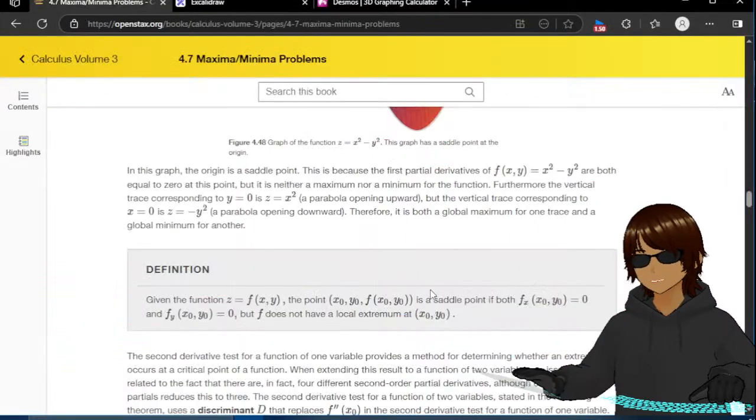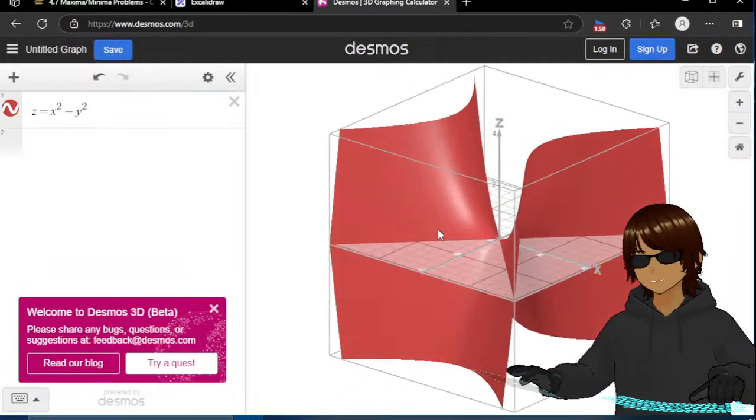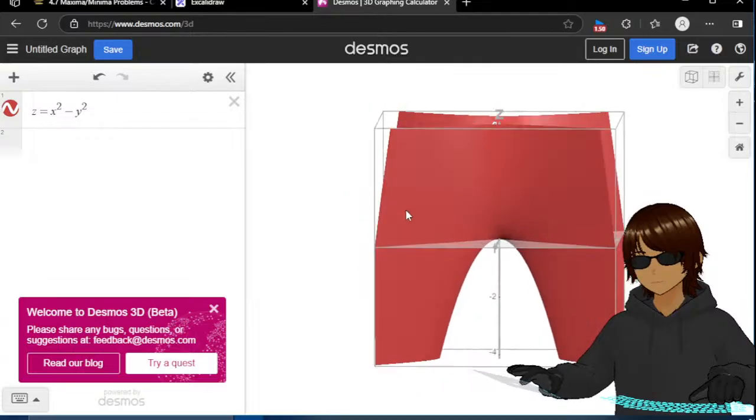If I do y is equal to 0, that is at this point right here, then we have a parabola going downwards.